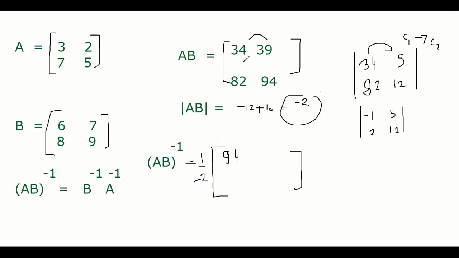We are finding the adjoint: 34 becomes 94, then minus 82, then minus 39, and then 34. Correct?